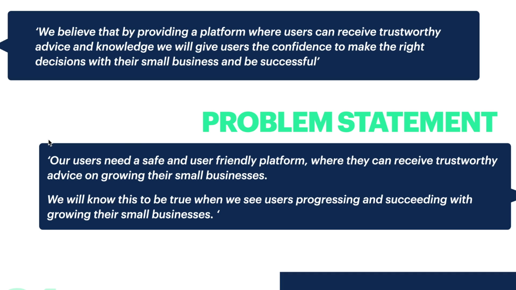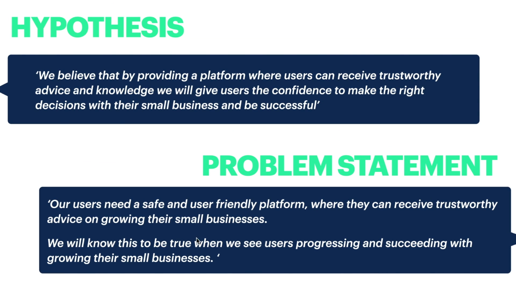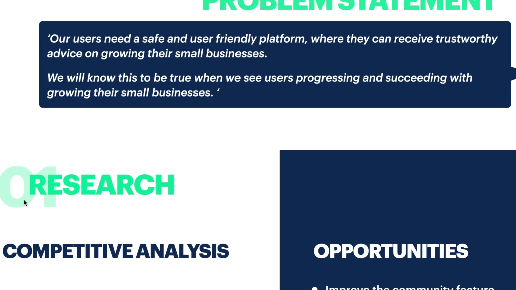And then the problem statement: our users need a safe space and user-friendly platform where they can receive trustworthy advice on growing their small businesses. We will know this to be true when we see users progressing and succeeding growing their small businesses. So these two were always very key in every decision that I was making as a designer.